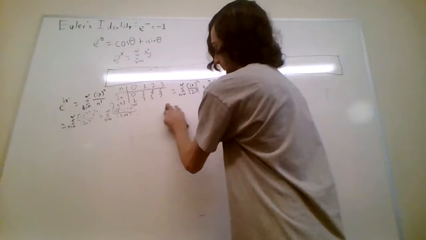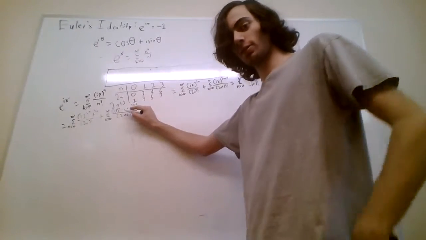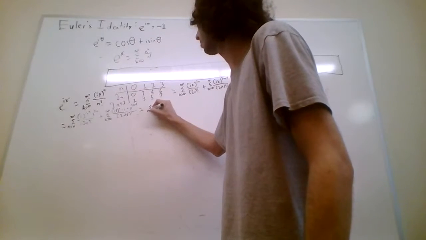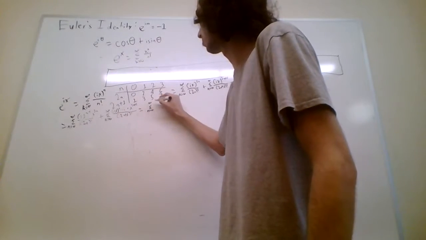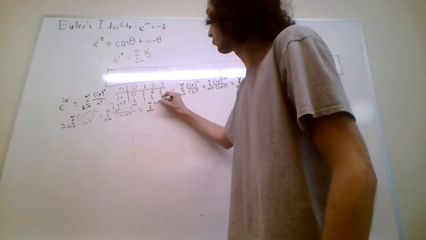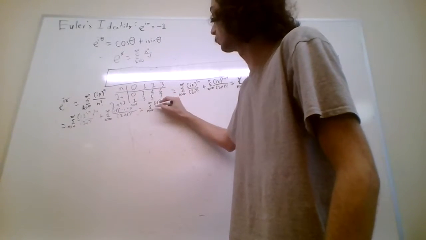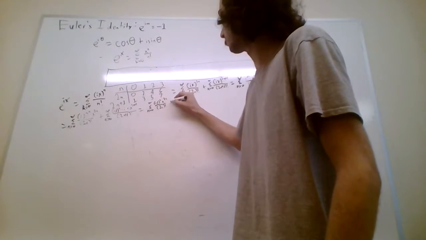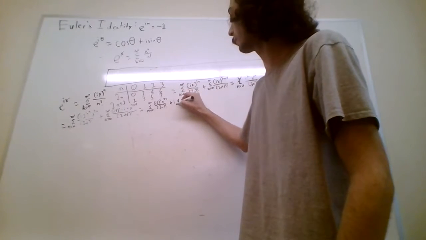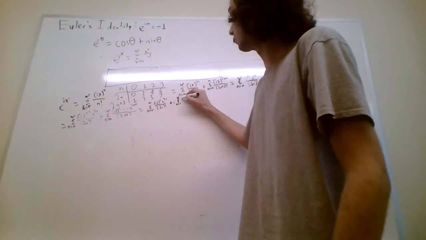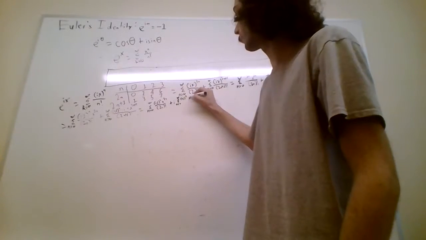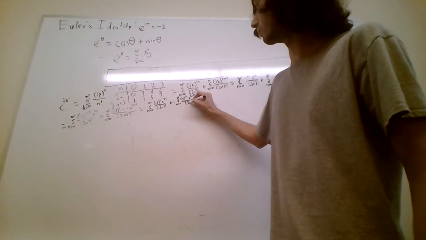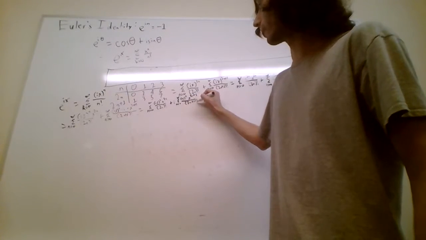We're almost there. This i is a constant in this sum, so we can pull it out. So let's do that. It's equal to the sum from n equals 0 to infinity of -1 to the n x to the 2n over 2n factorial, plus i times the sum from n equals 0 to infinity of -1 to the n x to the 2n plus 1 over 2n plus 1 factorial.